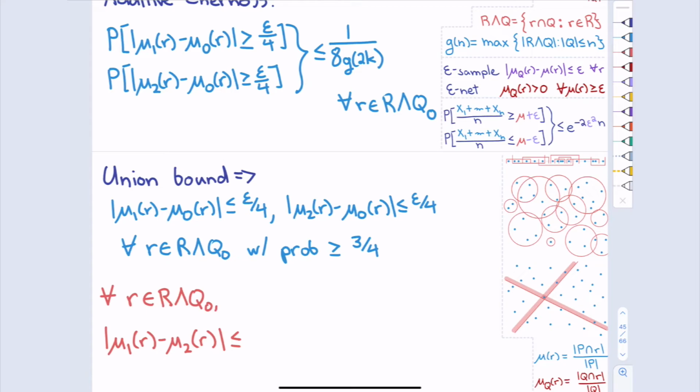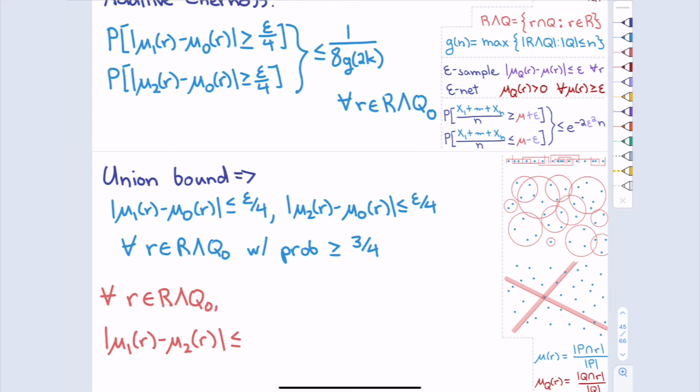But the nice thing is that because Q0 only has 2K points, I'm really now left to only worry about G of 2K different ranges because of this bounded growth. So I've shrunk the universe, and the real effect is that it dramatically shrinks the number of sets I'm worried about. It's some function of K, not some function of the original number of points. So I can take a union bound over it, even though I only paid log of G2K.